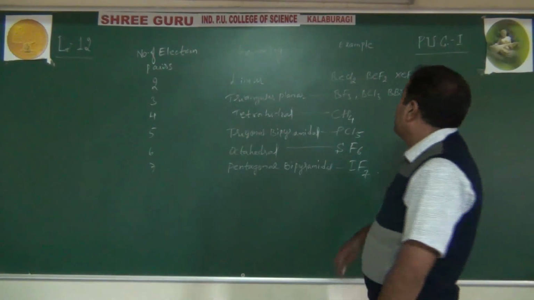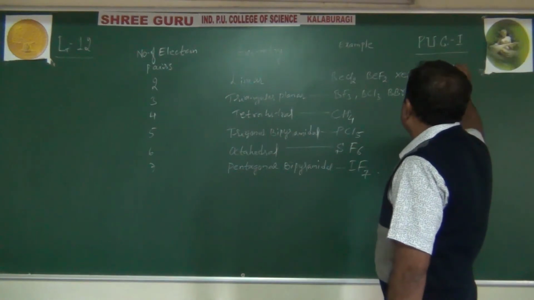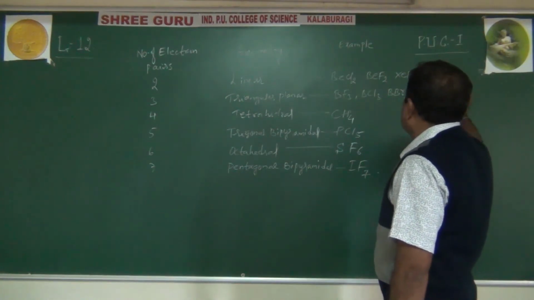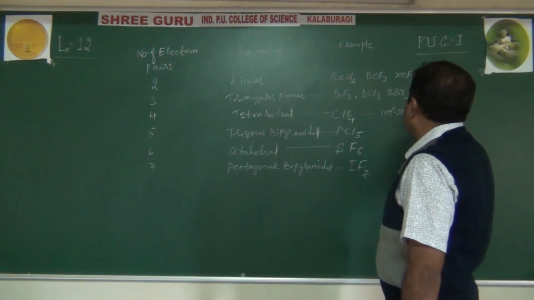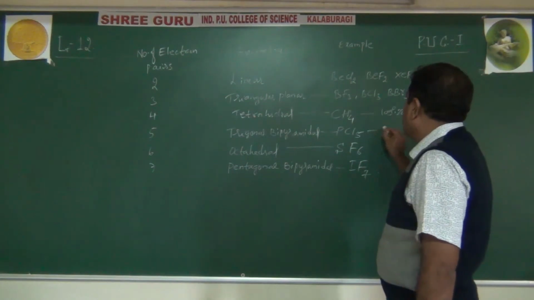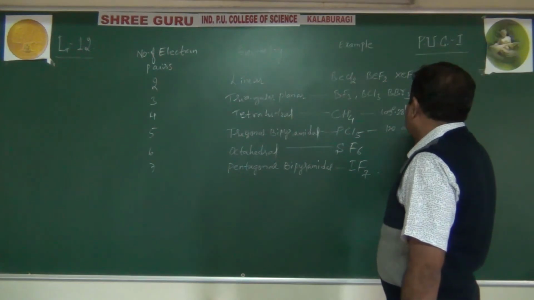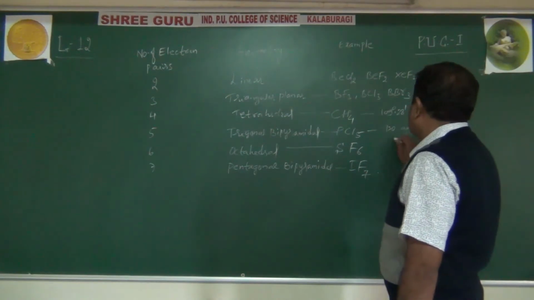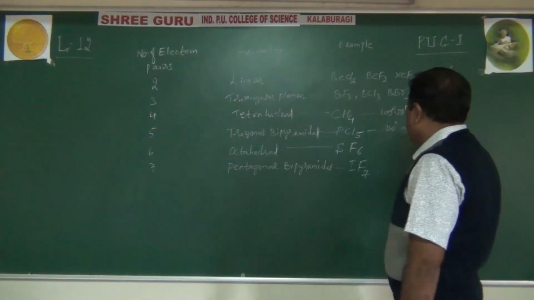I repeat, the bond angle for this is 180. This is 120. And this is 109.28 or 109.5 degrees. PCl5: 120 and 90, 120 that is equatorial and 90 that is axial bonds.